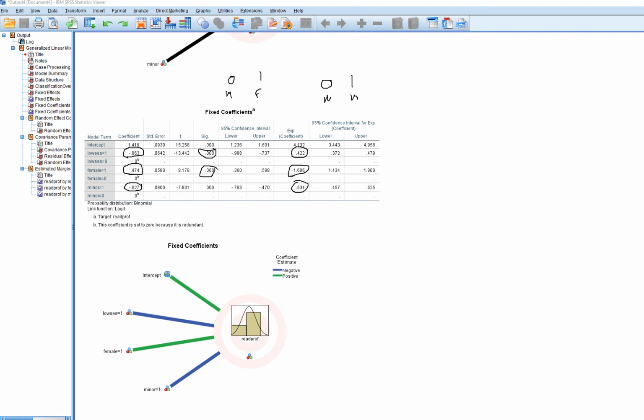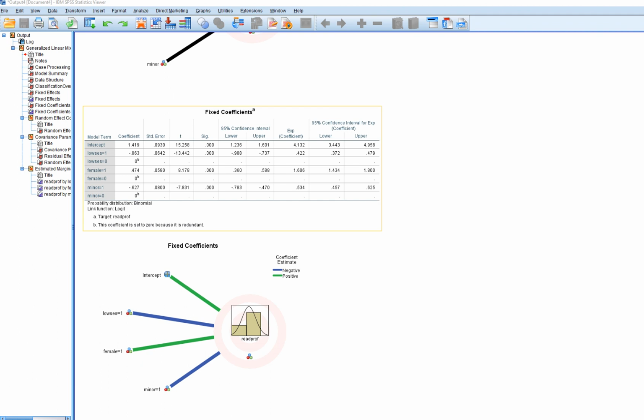That predictor was also statistically significant in the model. So our 3 level 1 predictors were all significant in predicting reading proficiency.